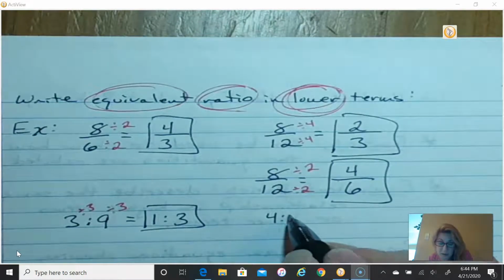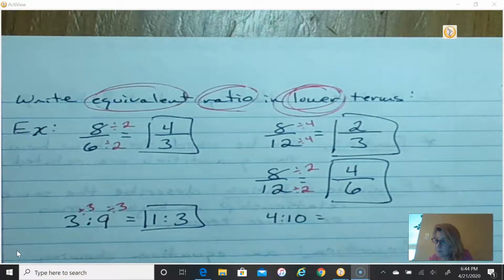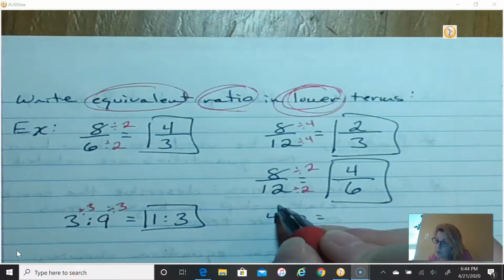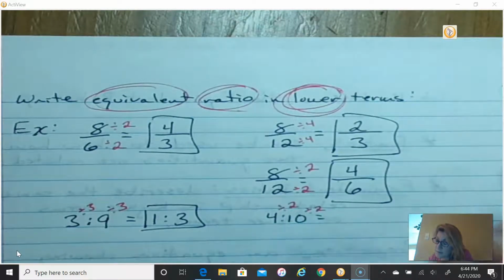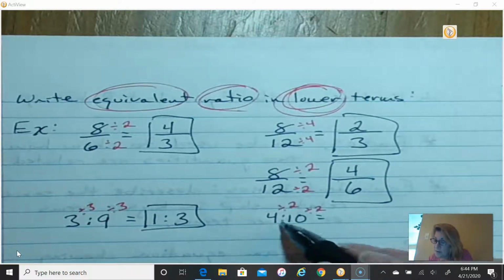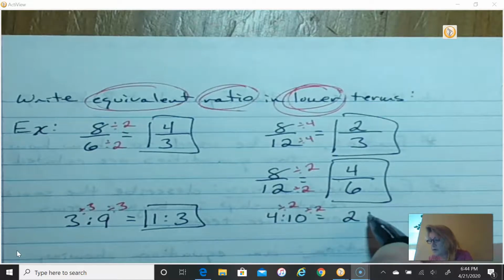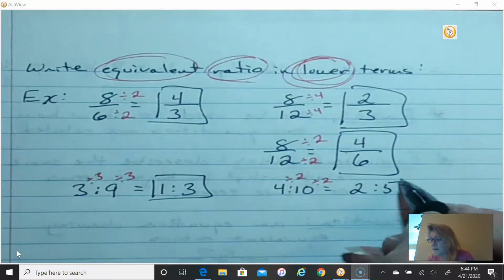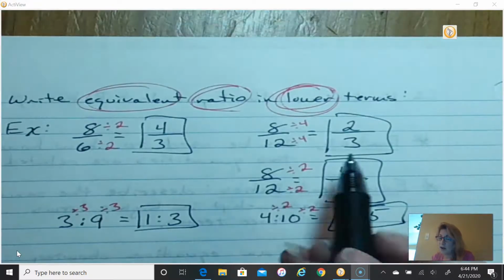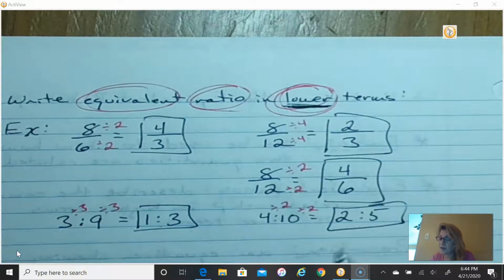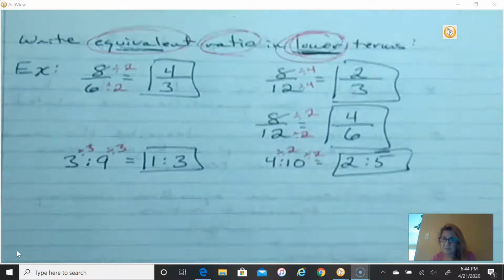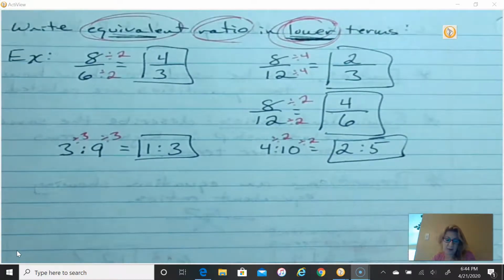How about 4 to 10? We can divide by 2. 4 divided by 2 is 2. 10 divided by 2 is 5. Again, lower terms that are equal, where each time we're going lower. It's like reducing.